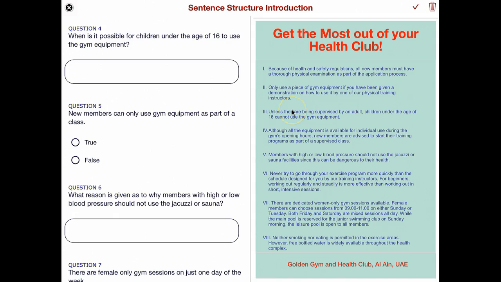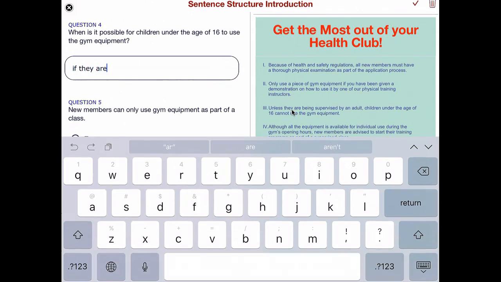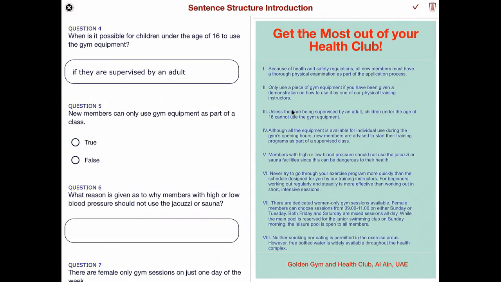And we'll just say if they are supervised by an adult, or when they are supervised by an adult. Okay. Now, can only use gym equipment as part of a class? No, it's just advised. So that's false.